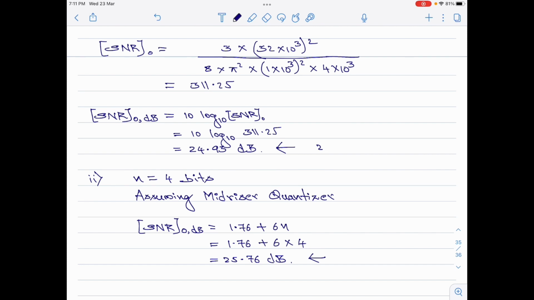So, what I will do now is compare equations 2 and 3 here, which are the SNR output in dB for the delta modulated and PCM systems, and conclude that even though the delta modulated system is a lot simpler than a PCM system, which is supposed to provide advantages over the SNR, we find here that the PCM system has higher signal to noise ratio. Therefore, the PCM system provides better performance than the delta modulated system. That is the conclusion from this numerical. I will write that down here.